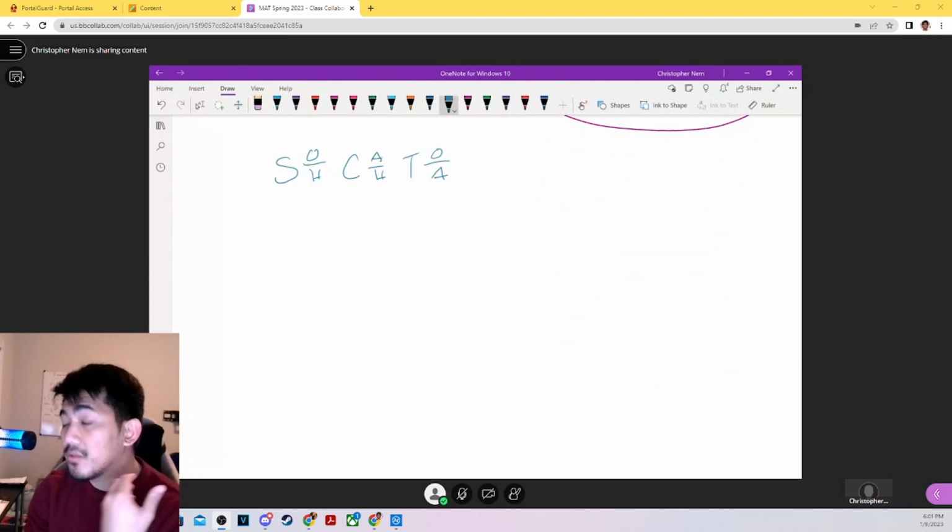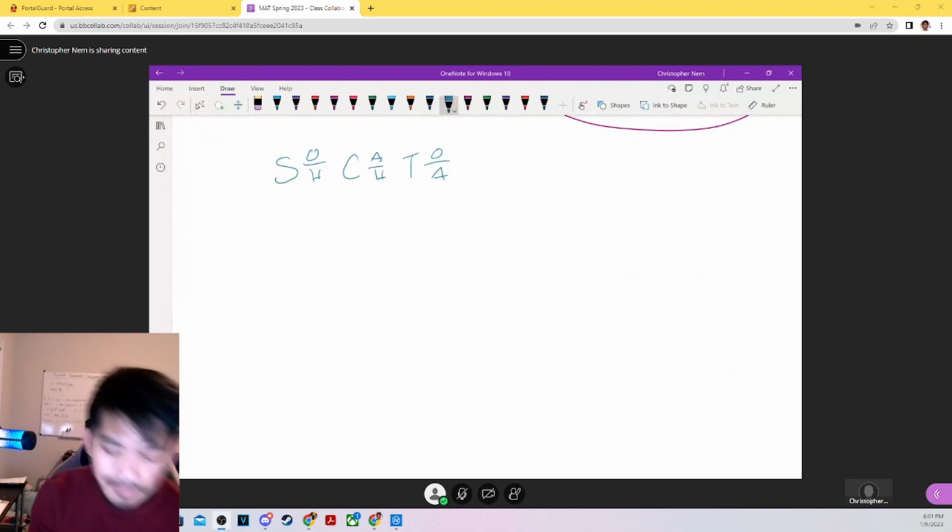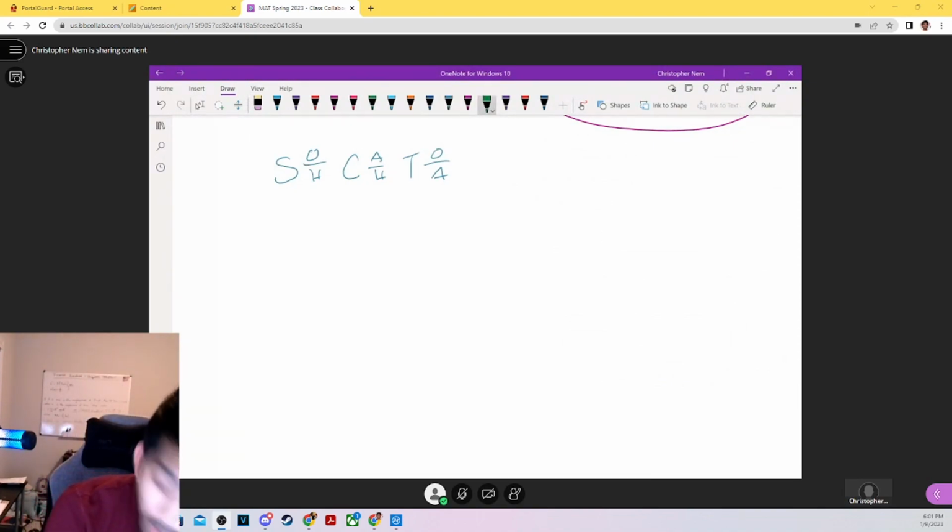So have your own mnemonic device to remember these. In particular, these are your trigonometric functions. The S represents sine. The C represents cosine. The T represents tangent. These are all abbreviated as sin, cos, and tan.